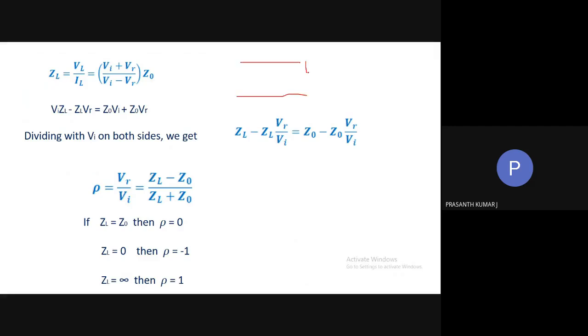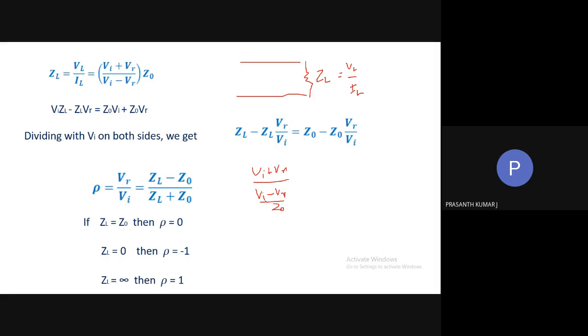So ZL equal to VL by IL. What is VL? VL is nothing but VI plus VR. What is IL? VI minus VR by Z0. So VI plus VR by VI minus VR by Z0.